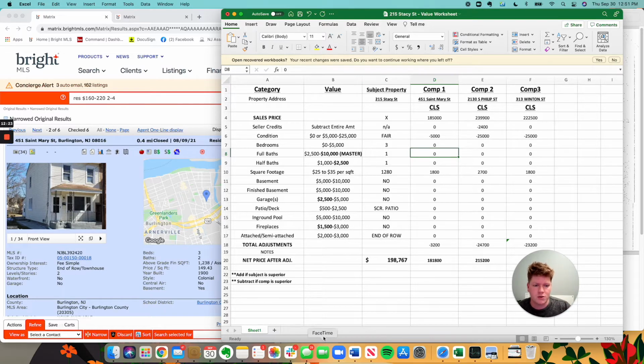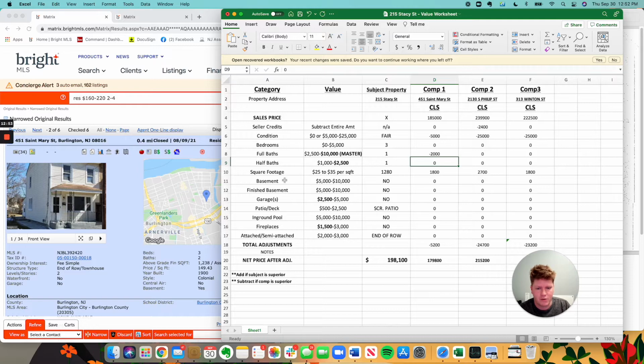So we'll do the minimum amount, $2,000, because it's kind of in between full bath and half bath. We'll subtract $2,000 from St. Mary Street, because we're saying that if our property, Stacy Street, had a full bath on that first floor instead of a half bath, 215 Stacy Street would sell for $2,000 more. That's the reason why you're doing this. Maybe that'll make more sense as we continue to go through.